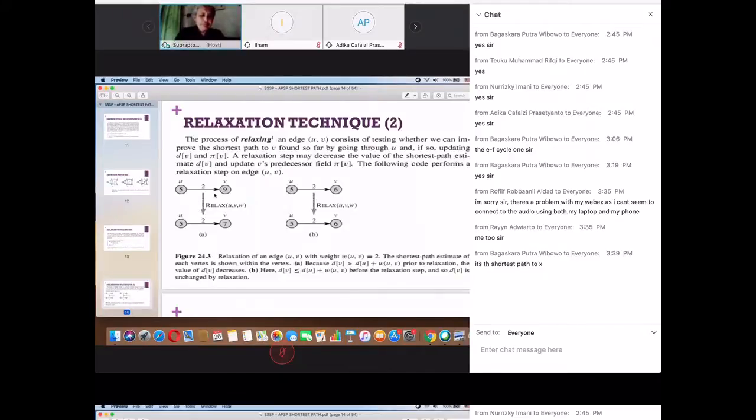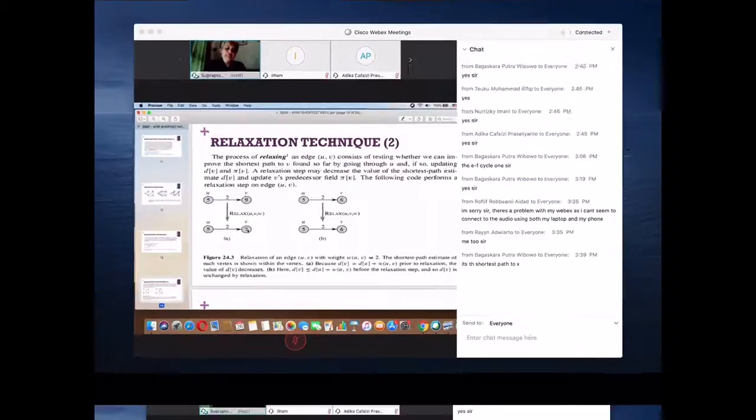So, in the previous process, when you find the shortest path from S to V, you compute the weight is 9, but when you go through the vertex U, and you see that the weight of the shortest path from S to U is 5, you can use this and then go to V by adding 2, and you just get 7.